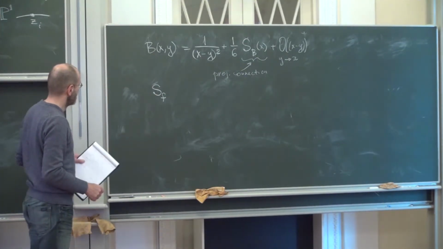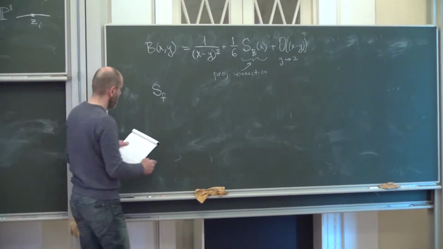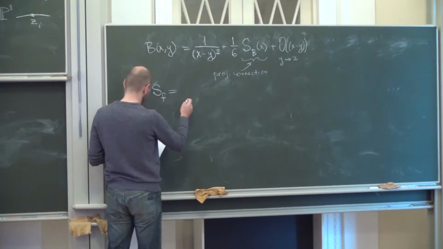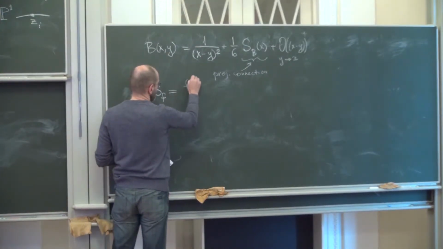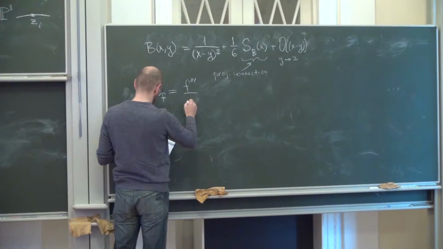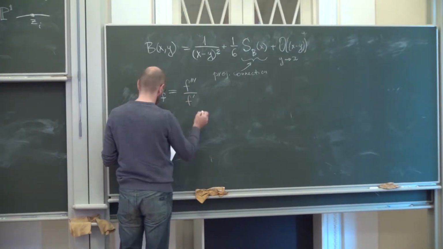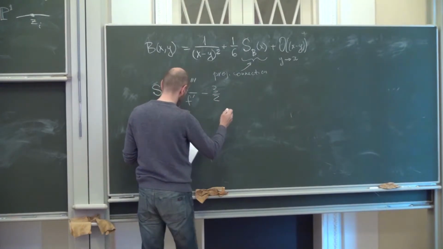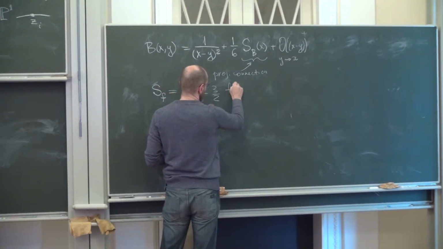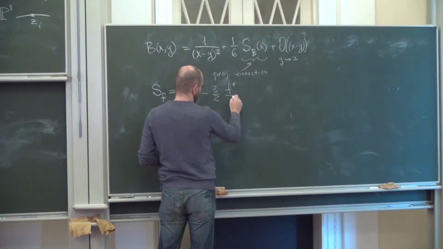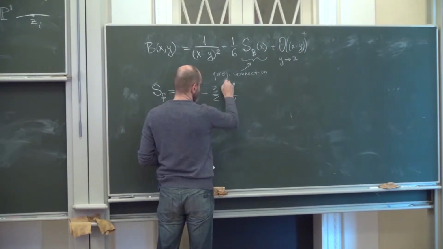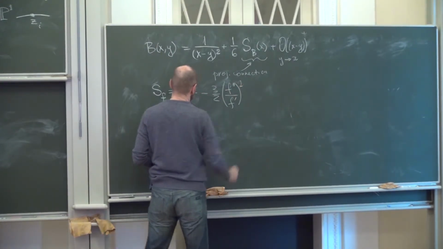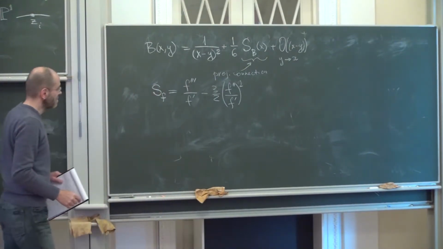We will also need the Schwarzian derivative of a meromorphic function, and by definition this is the third derivative of f over the first derivative of f, minus 3/2 times the second derivative of f over the first derivative of f, squared. So that's what is called the Schwarzian derivative.